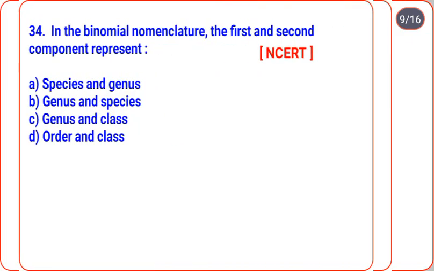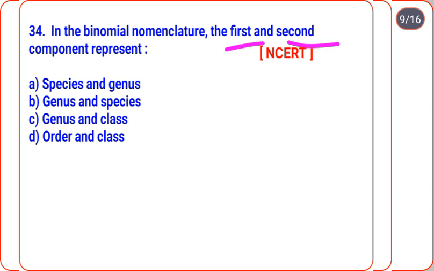Question 34. In the binomial nomenclature, the first and second component represent, we have read in the NCERT book, the first component represents the generic name or generic epithet, the second is the specific epithet. Option A species, genus, option B genus and species, option C genus and class.